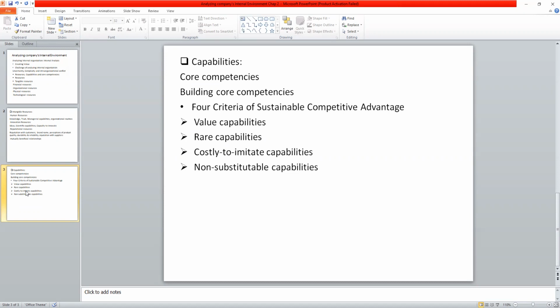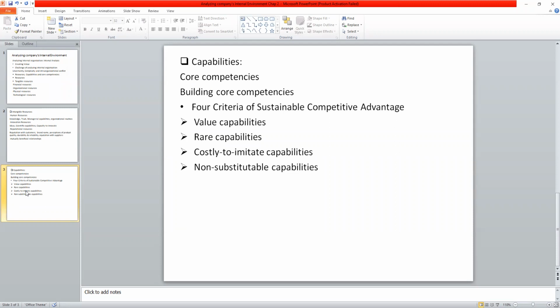No, ma'am. This is with reference to analyzing or building core competencies of the company, of the organization. Today, if we take an example of the MNCs like HLL and P&G, which have been dominating the markets since decades.